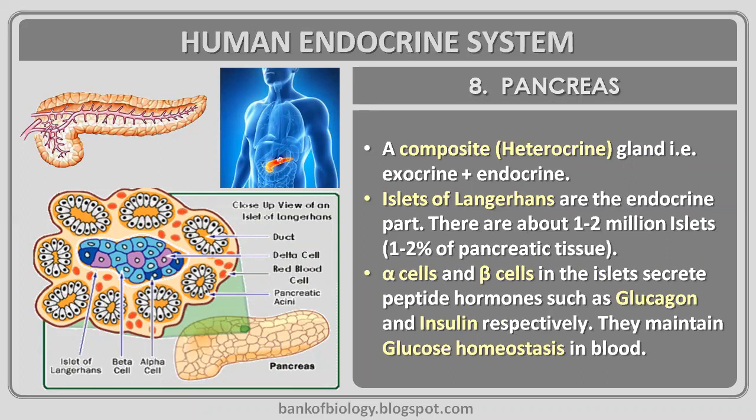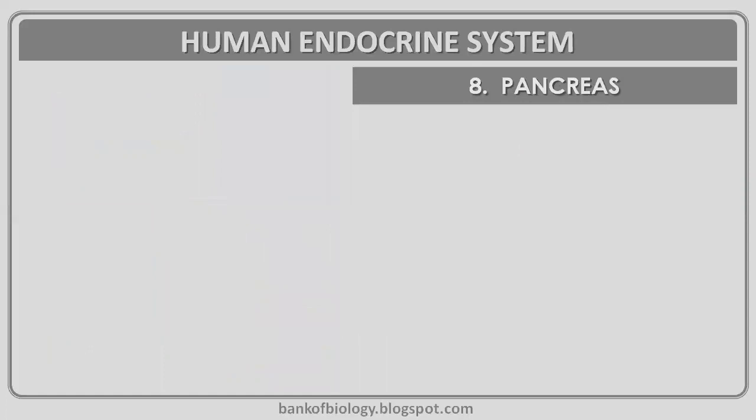Alpha cells secrete glucagon and beta cells secrete insulin. Delta cells secrete somatostatin. F cells secrete pancreatic polypeptide. These are the 4 types of hormone, but mostly focus on insulin and glucagon, released from beta and alpha cells respectively. They maintain glucose homeostasis in the blood.